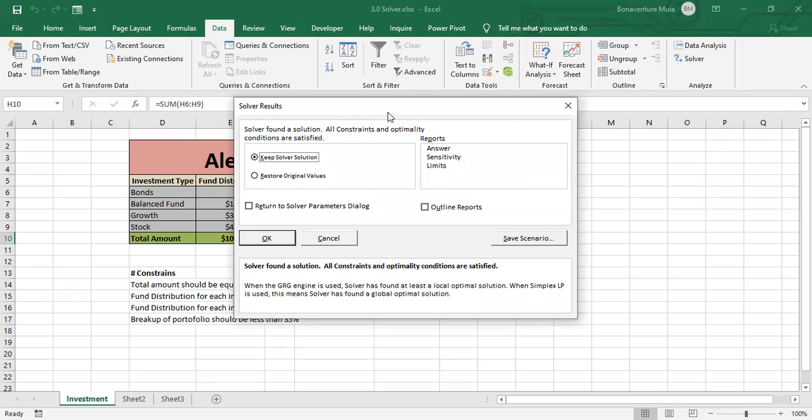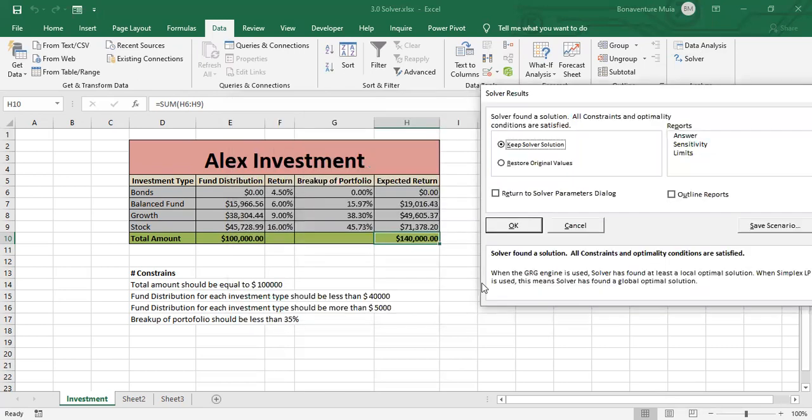Wow, okay. A solution has been found, and this is exactly what I thought. So what the solver did is that it invested a lot of money in stocks, because with stocks we have a higher rate of return, around 16%, and then it has not invested any single coin in bonds, because bonds have a lower rate of return compared to the rest. So we have 140,000 as the total amount of expected return.